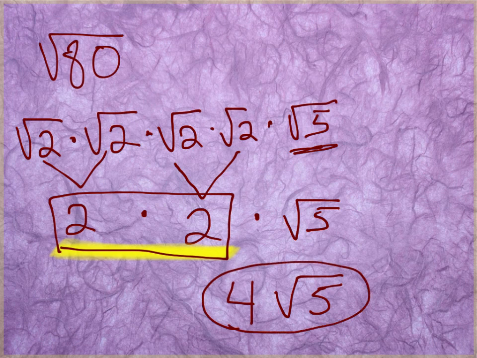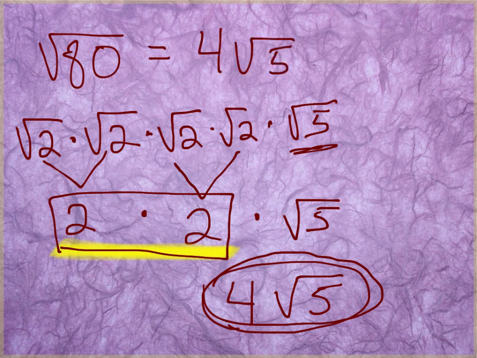That's what I want as an answer. It's in radical form. Radical form means square root. I want this radical sign in an answer. I don't want you punching in square root of 80 and giving me 8.9 or 9 something. I don't know what it is off the top of my head, but that's probably close to it. This is simplifying the radical. This will equal 4 square root of 5.